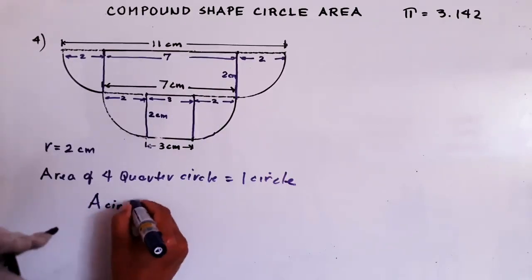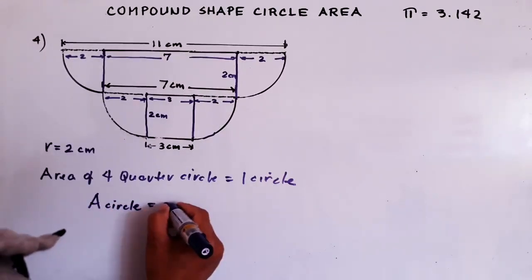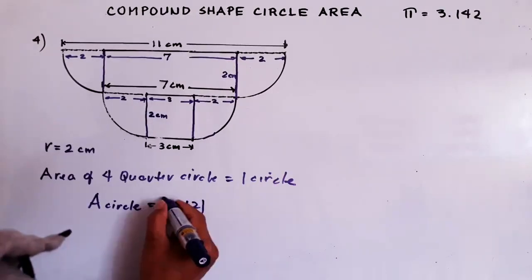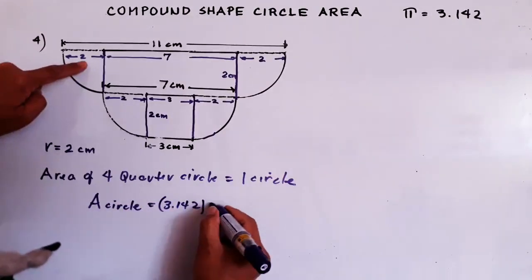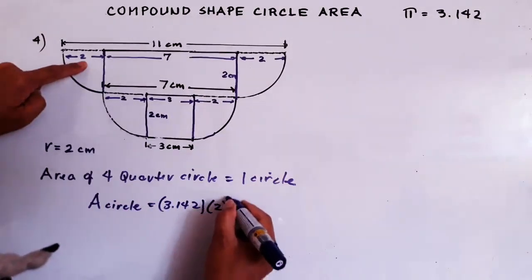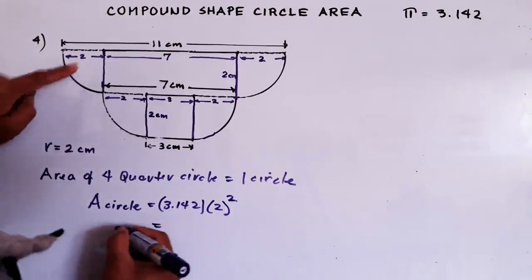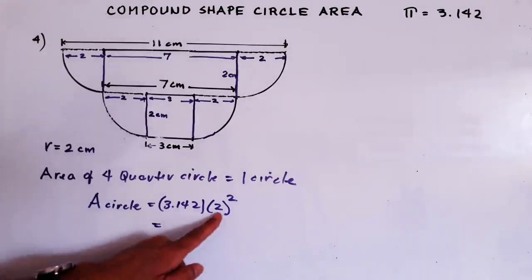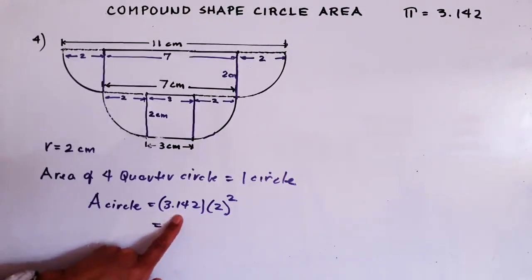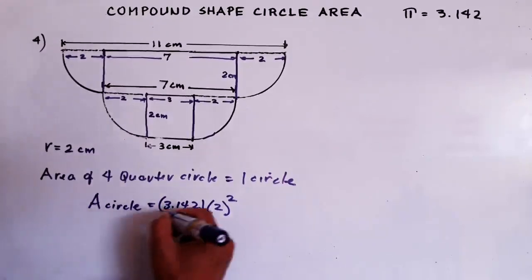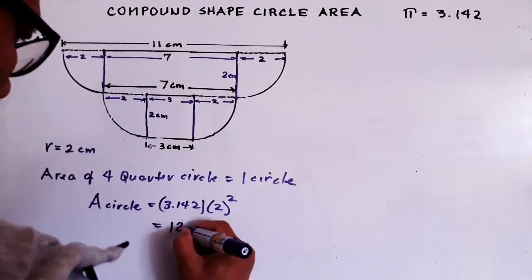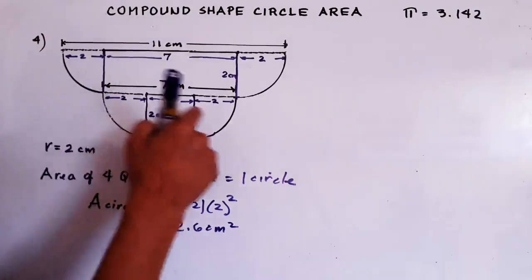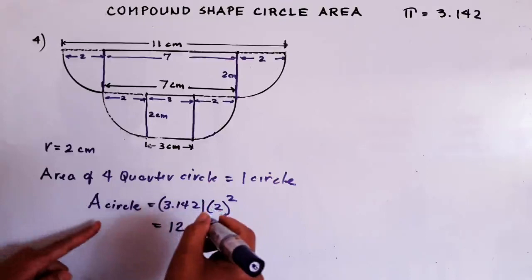I'm not going to have the quarter circle anymore. It is pi, which is 3.142 times the radius, which is 2 centimeters squared. So the area of the circle is 2 times 2 is 4 times 3.142 is 12.6. So we have 12.6 cm squared. That is the area of these 4 quarter circles.